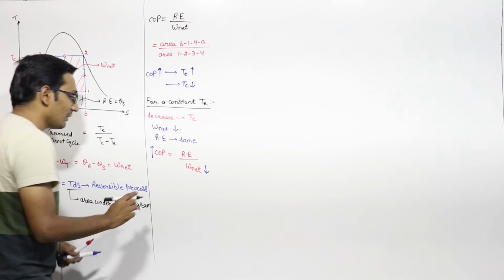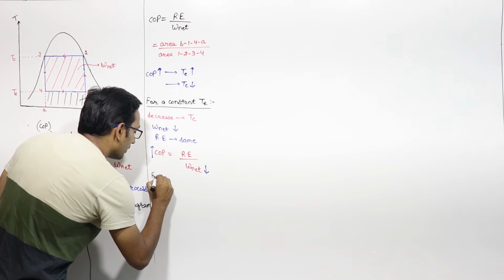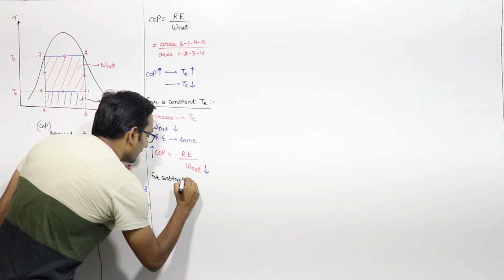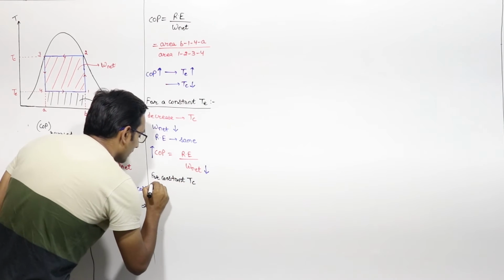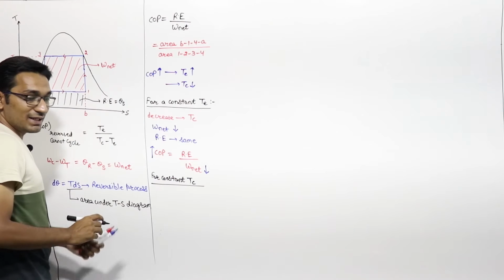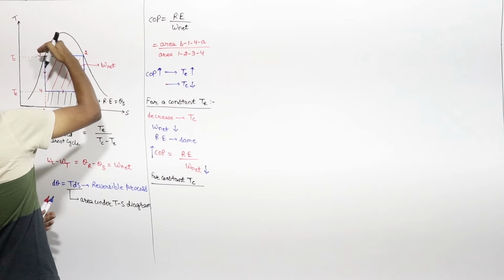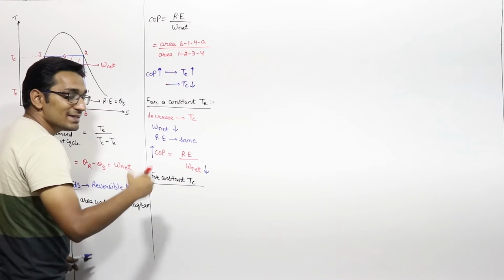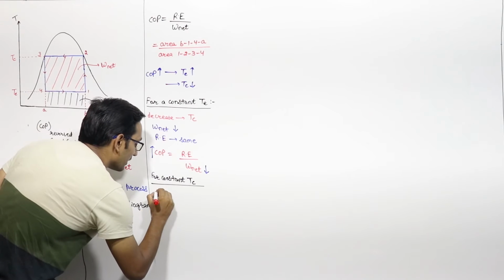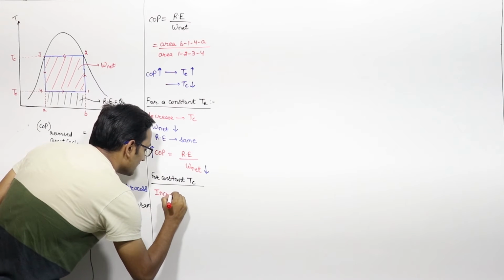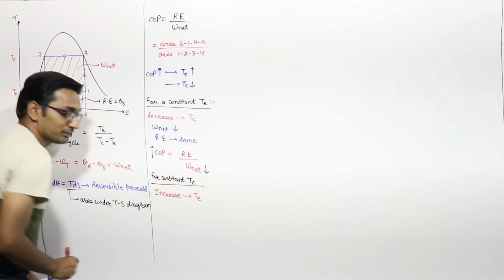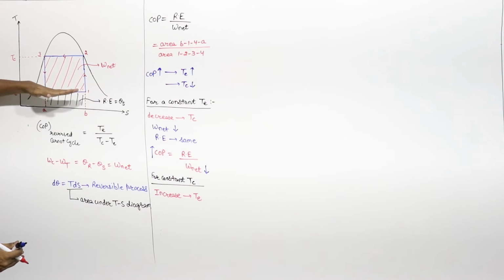Now for the second case, if we say that for the constant condenser temperature, if I make this condenser temperature constant and I increase the evaporator temperature, this line will increase, this evaporator temperature will increase.